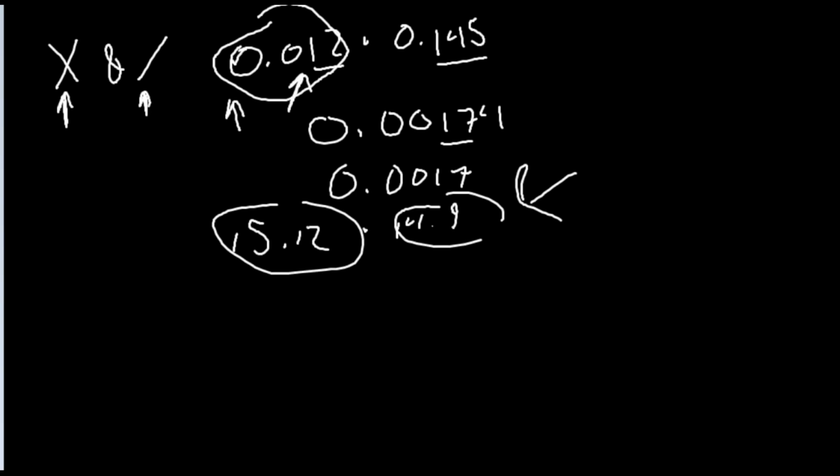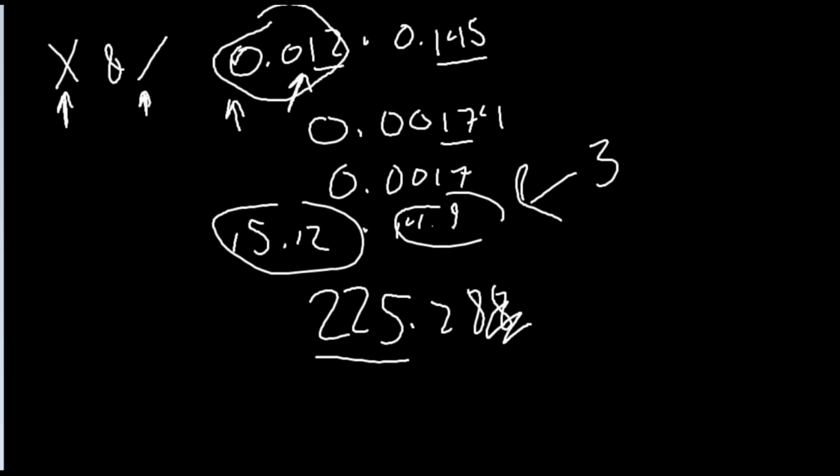So if we multiply them, we'll have 225.288. So now we have 3 sig figs. So we're going to round to 3 sig figs, so we're going to basically just cut out the decimal. So this is your answer then. And yeah, that's sig figs.